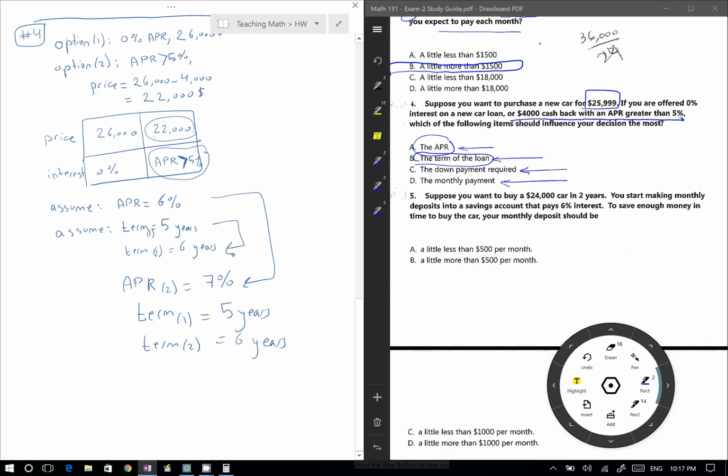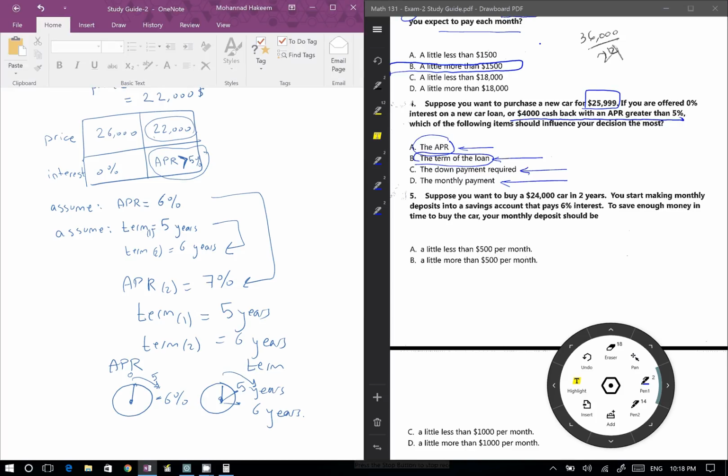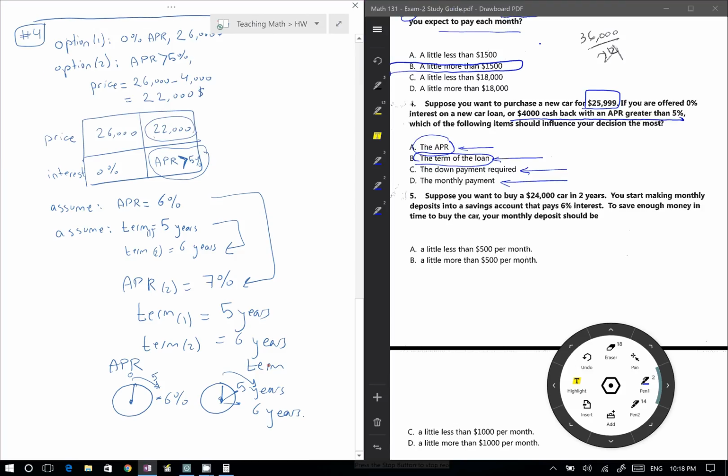You have two knobs that are turning. Imagine you have a knob that you are turning. One of them says APR. So it goes from 0 to 5% to 6%, for example. And we have another knob that says the term. It goes from 5 years to 6 years. Now, they're asking you which knob that you turn will cause a greater payment.